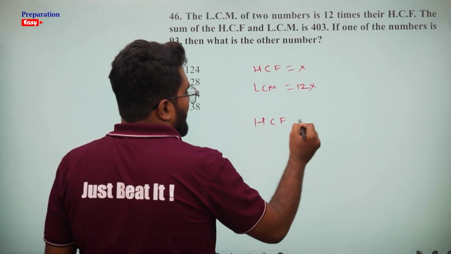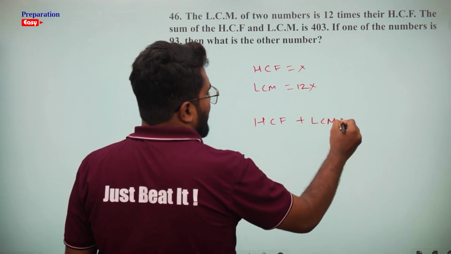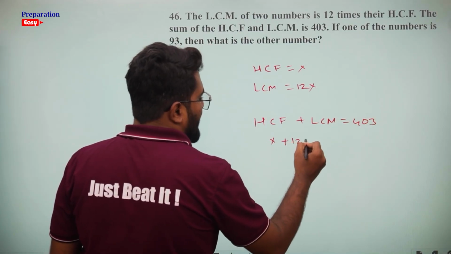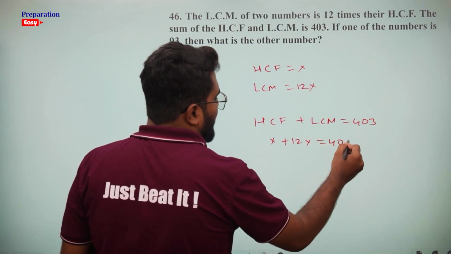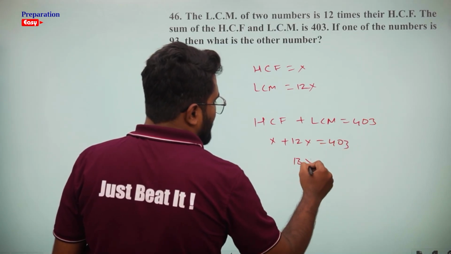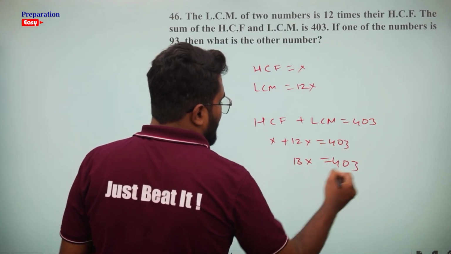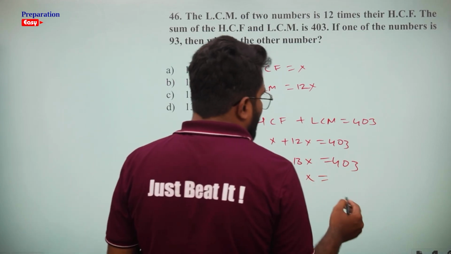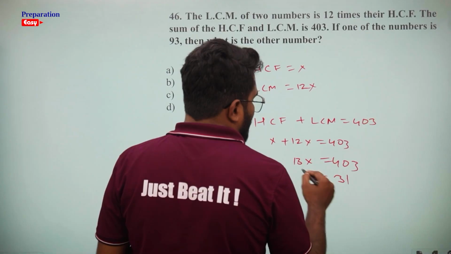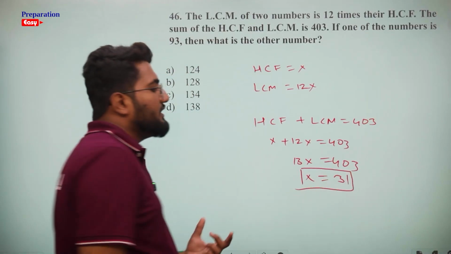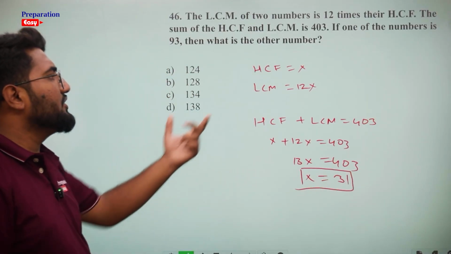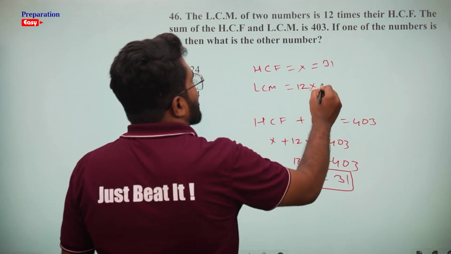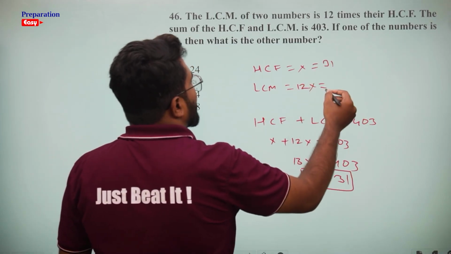HCF plus LCM equals 403, which is x plus 12x equals 403. So 13x will become 403, and x will be equal to 403 divided by 13, that is 31. So we get the value of x, that is 31. So HCF will be 31. Okay. What is LCM? LCM will be 12 into 31, that is 372.